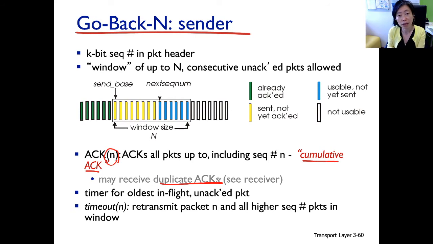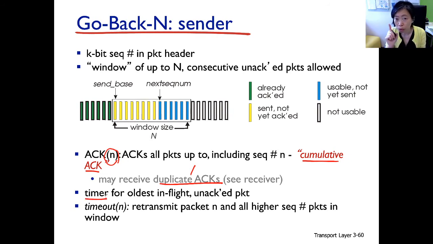And the receiver does not send acknowledgement up to sequence number n if there is actually any gap before it. Right? So receiving a duplicate ACK at the sender side indicates that whatever n plus 1 is, is a packet that's missing.